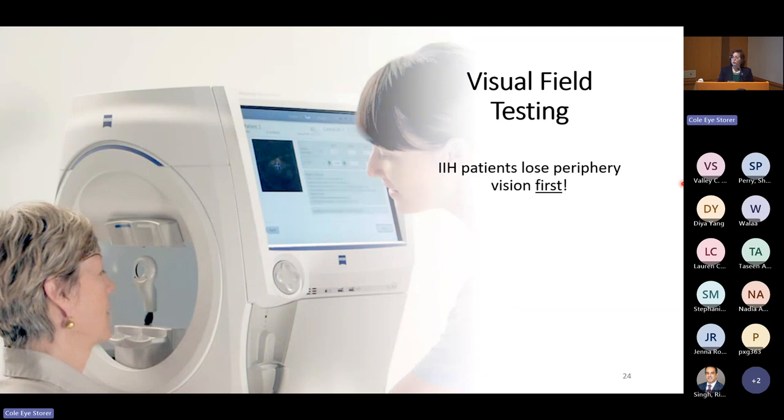And in those settings, if we only use the numeric test, we would actually be excluding the patients who have the most vision loss. And that would be selection biasing our results. So that's why we created that binary scale to allow patients who were too blind or had too much vision loss to be included in our overall analyses.